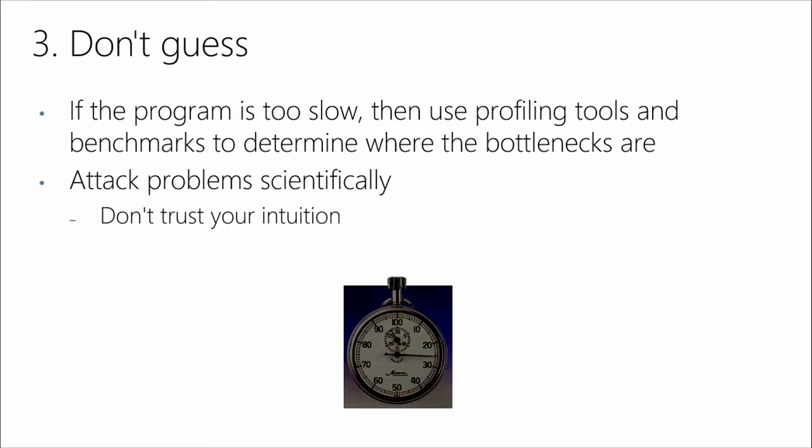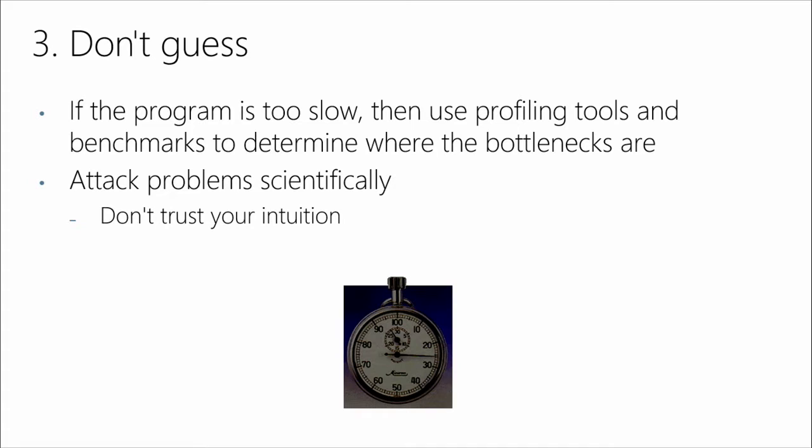Okay, let's actually talk about the third common pitfall, which is do not guess. I know everybody thinks, you're smart, we're smart. I actually am the one who developed this piece of code. And if it is slow, then I probably know best where the bottlenecks might be. Okay, so what you're doing here is using your engineering intuition, right?